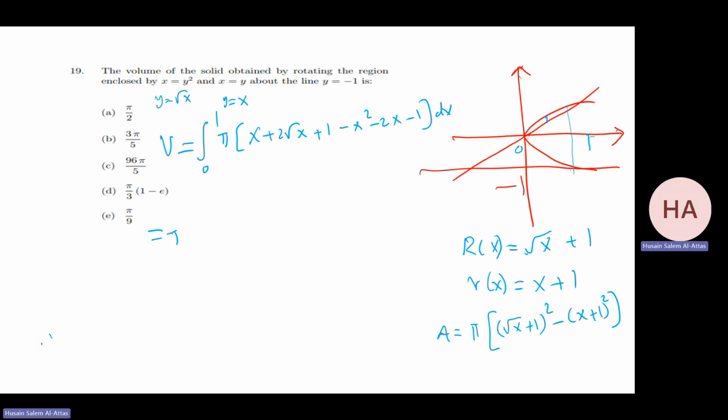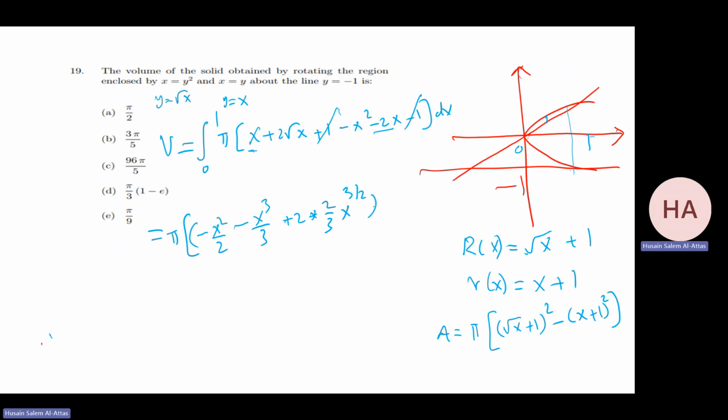So the 1 cancels. I can do the antiderivative. I have x minus 2x, so it will be minus x squared over 2, minus x squared, that will be minus x cubed over 3, plus 2 root x, which is 2x to the power half, so that is 2 over 3 x to the power 3 over 2.